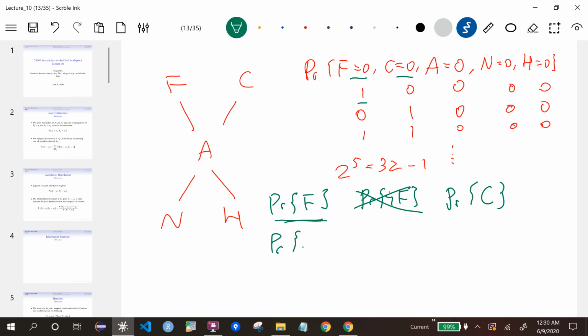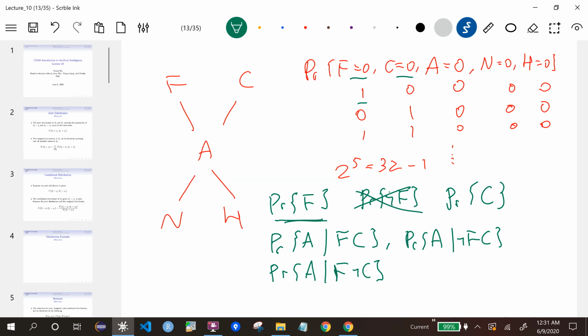And for A, we need the probability the alarm sounded if there's a fire and there's a cat problem at the same time. And we also need A given no fire, but there's a cat problem, and fire and no cat. And lastly, the probability that the alarm is triggered when nothing happened. So broken alarm.